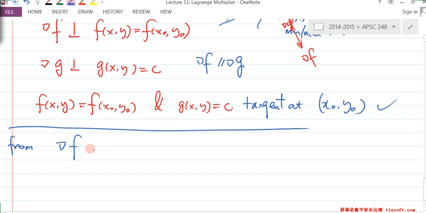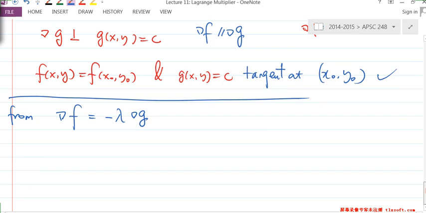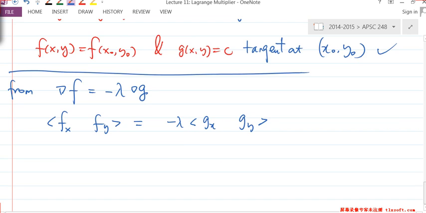From del F equal to this, let's see what we can derive. So del F is Fx, Fy, and del G is Gx, Gy.